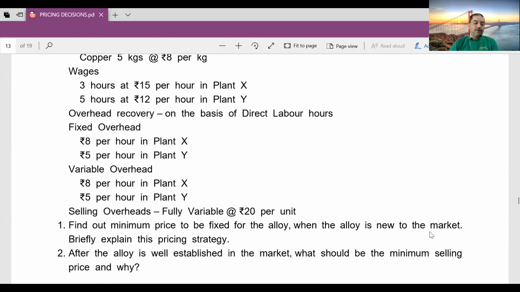First question is, find out the minimum price to be fixed for the alloy when the alloy is new to the market. Briefly explain this pricing strategy. Second, after the alloy is well established in the market, what should be the minimum selling price and why? Okay. So first let us find out the total cost. That is variable cost plus fixed cost.